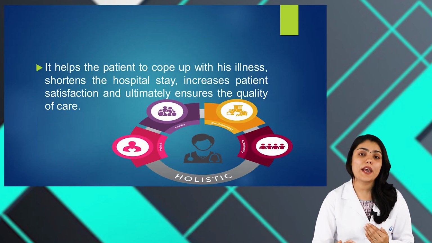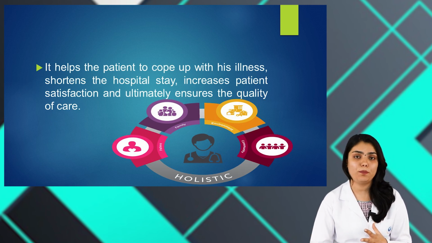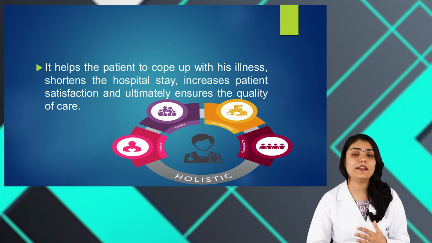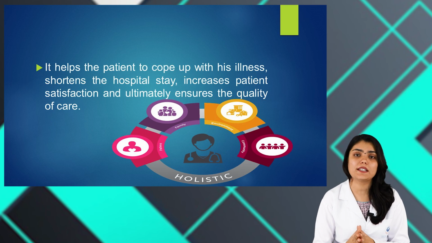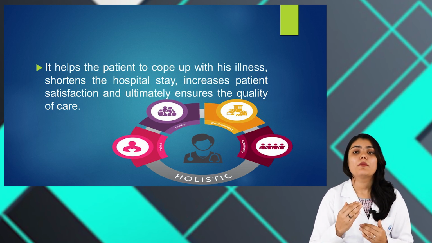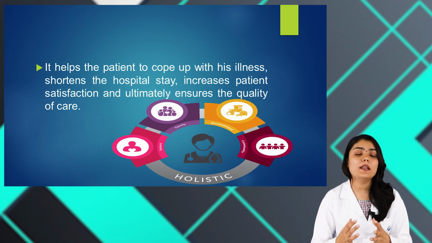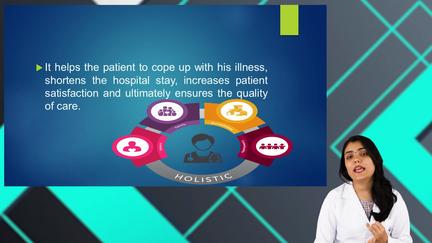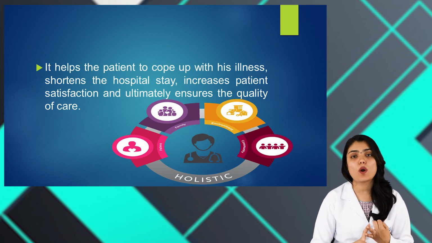Why is it required to provide holistic care to the patient? The patient has a physical illness. Why can we not just treat the physical illness? And why do we have to involve other aspects for the patient? Because holistic care will help the patient to overcome his physical illness, as well as help him to shorten the stay in the hospital, ensure patient satisfaction, and ultimately ensure that quality care is provided to the patient.